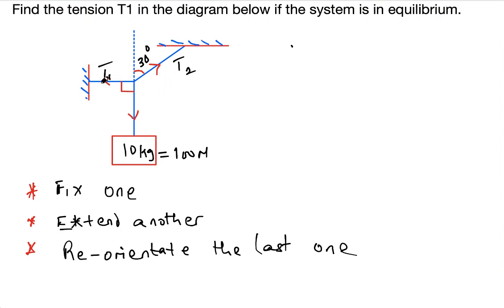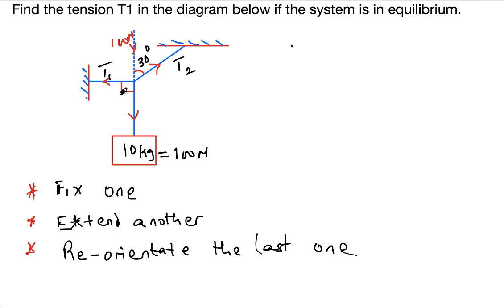If we extend T1, it's not enclosing the angle, therefore let us not extend T1. But if we extend 100 newtons, this is already enclosing our angle, so we put here that this side is 100 newtons.